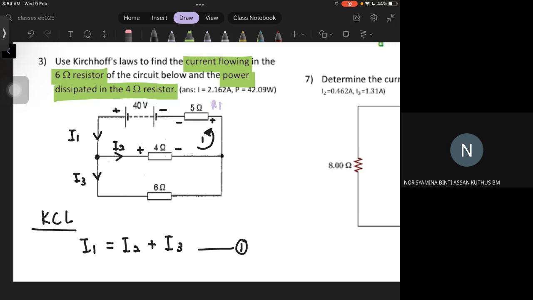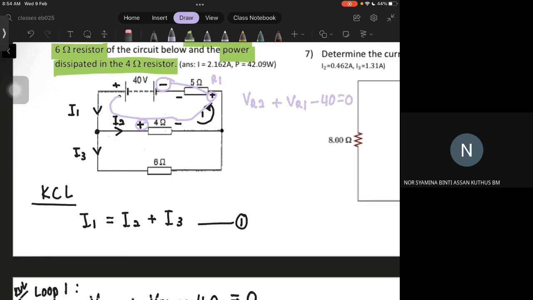Bila dia berjalan kan, kita akan contoh dekat sini. Sini current. Okay, jalan pada sini. Dia jumpa positif dulu kan? So, bila jumpa positif dulu, kita akan dapat VR2 positif. So, jalan lagi. Kita jalan ikut loop. Positif atau negatif is due to dia punya current flow. Boleh ke? So, jalan lagi. Dekat sini dia jumpa yang positif dulu. So, plus VR1. Jalan lagi dia jumpa negatif 40 volt. So, minus 40 equals to 0.